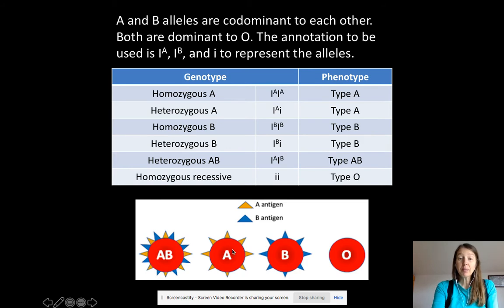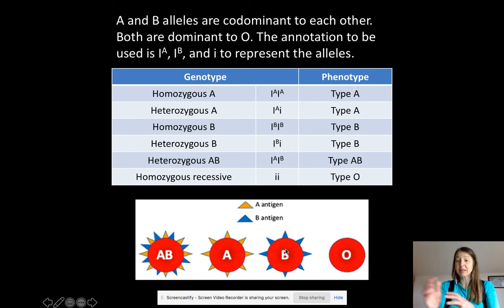If you have type A blood, you can get pretty much any type of blood except for B blood or AB blood. So if it's any A blood, as long as it has A, and if it has O. But if you get B blood donated to you, if that's put into you through a transfusion, your body will create the antibodies against the B and then fight it off. So it will cause an immune response.